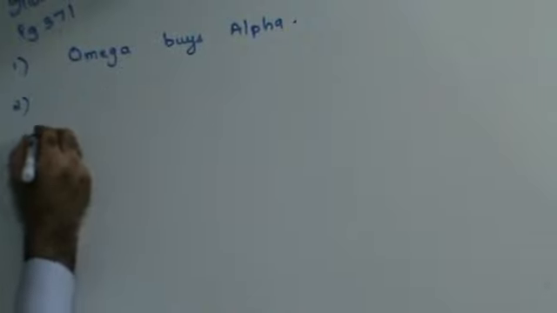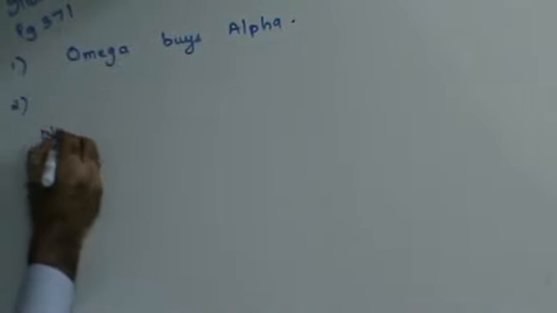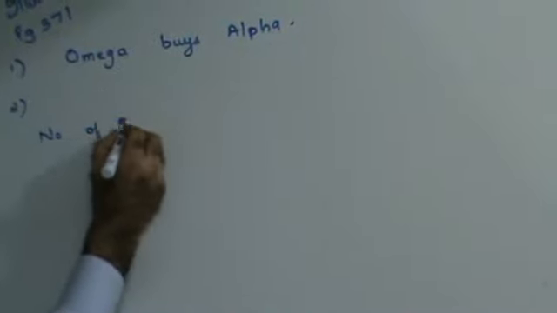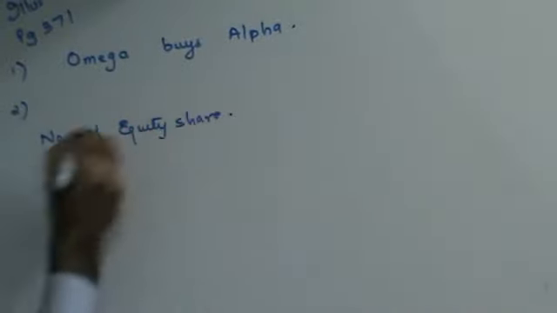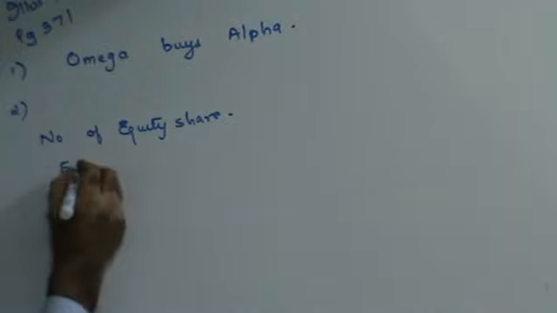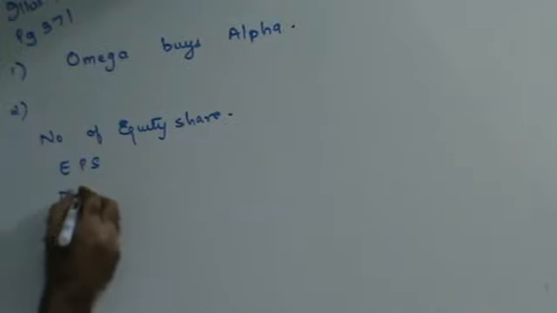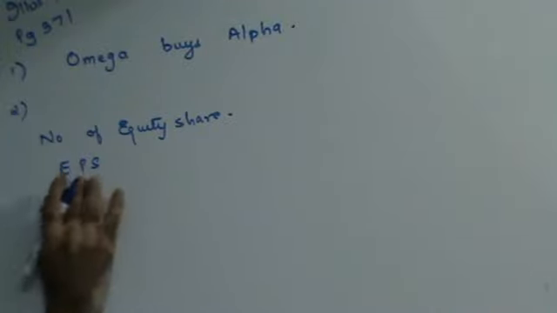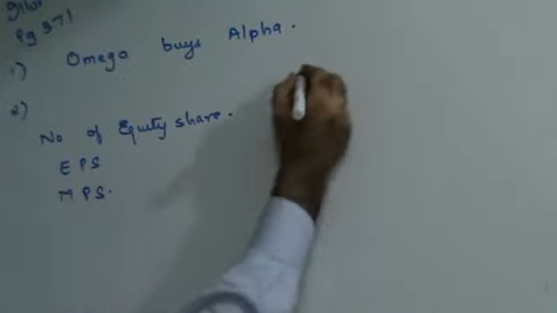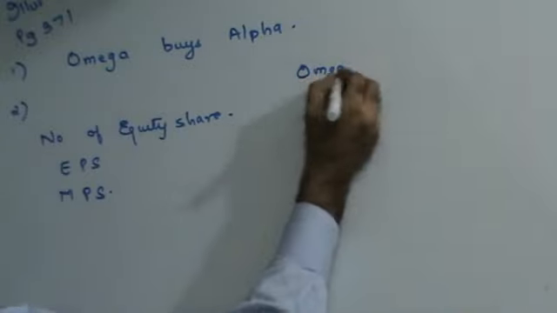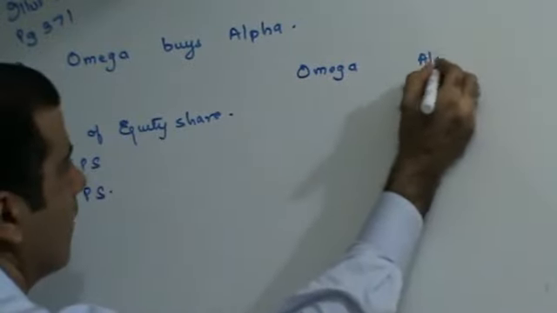Now, the data that they've given you is the number of equity shares. Then they've also given you the earning per share, and the market value per share, MPS, of Omega and Alpha.